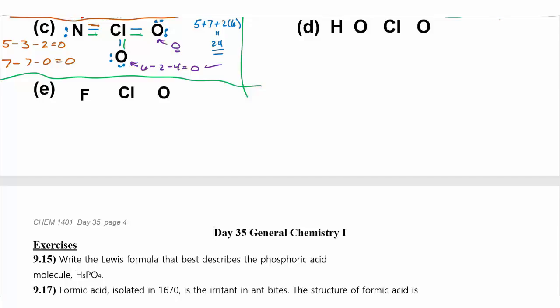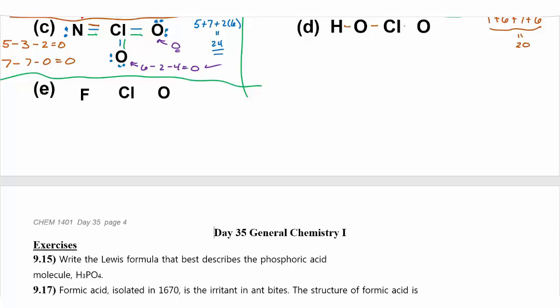Let's try this molecule. Let's count up the valence. 1 for hydrogen, 6 for oxygen, 7 for chlorine, and 6 for oxygen again. So that's a total of 20 valence electrons.